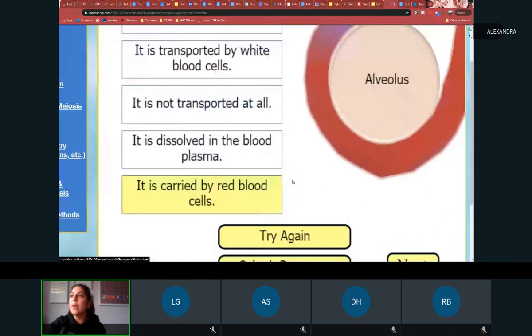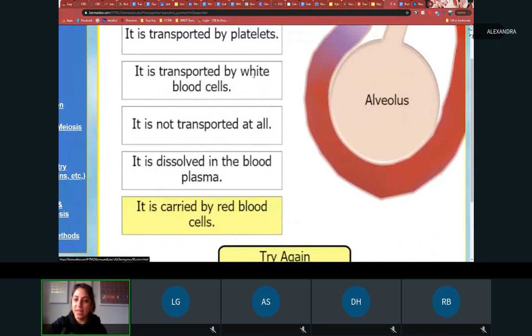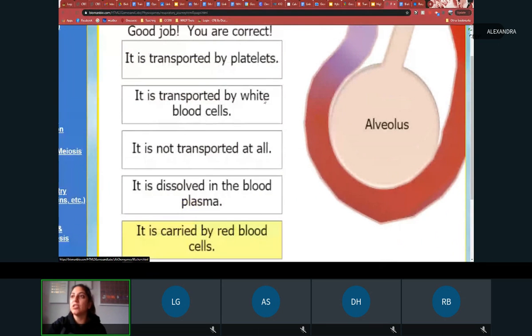Remember, we haven't really talked about white blood cells, right? So when we're thinking about our options, we really want to make sure that we are not only testing our knowledge, but also practicing our test taking skills. So if we're looking at our options, we haven't really talked about platelets. They talk about platelets because that is what, if you get a cut, those platelets are what covers the cut to keep the blood from going, right?